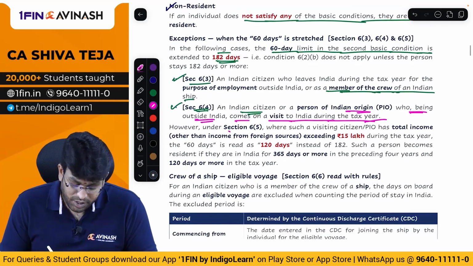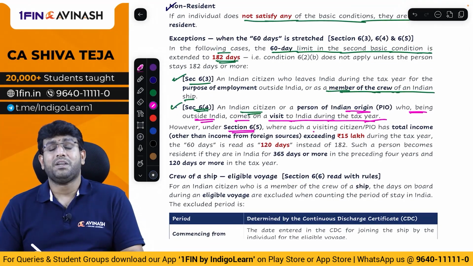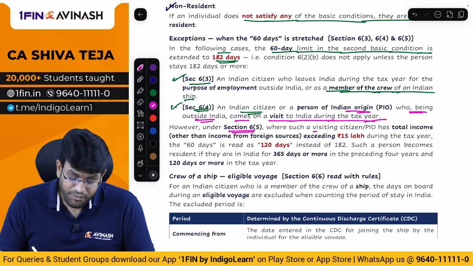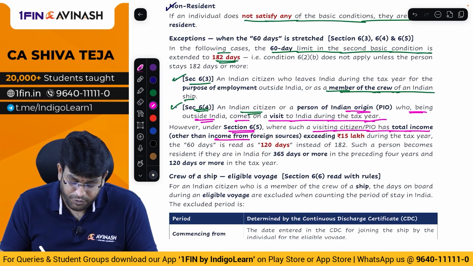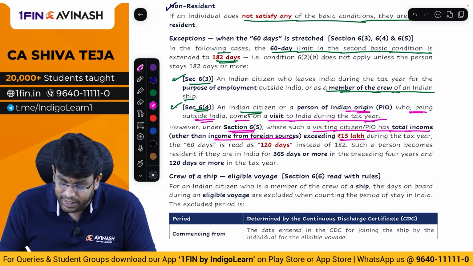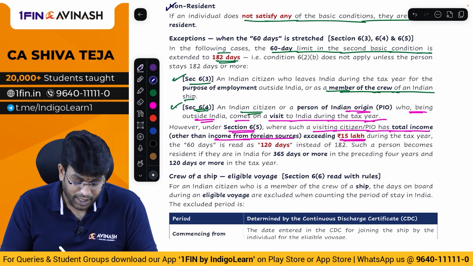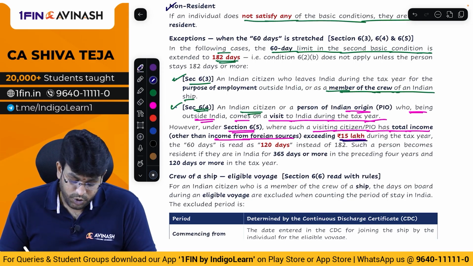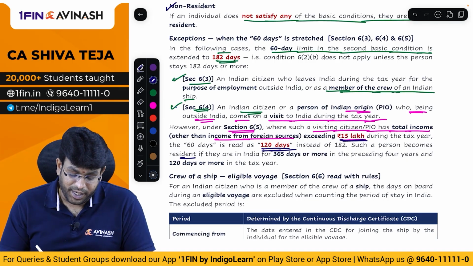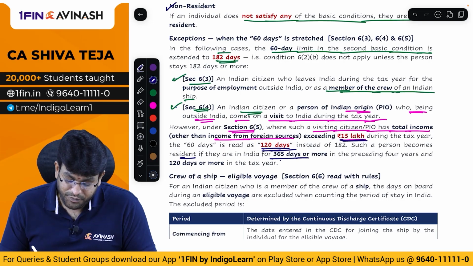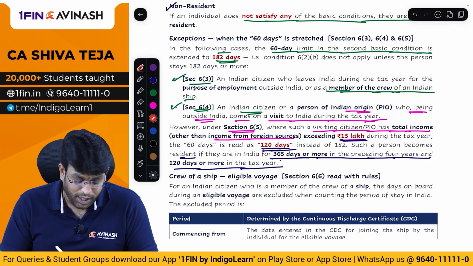However, under section 6.5, where such a visiting citizen or POI has total income other than foreign sources more than 15 lakhs, I told this already, during the tax year 60 days is read as 120 days, and such a person becomes resident if they are in India for 365 days or more in the preceding 4 years and 120 days or more in the tax year.